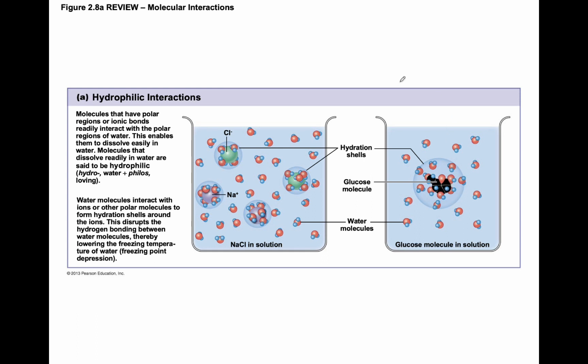Why is that? It is because salt and sugar are both hydrophilic. They both like water. If you are hydrophilic, you are going to happily interact with water and you're going to happily dissolve in water. This means you have a high water solubility.